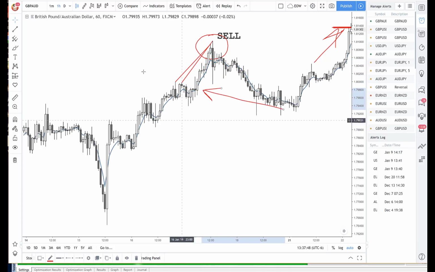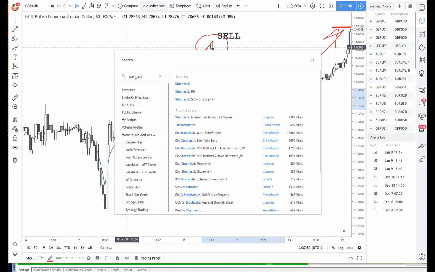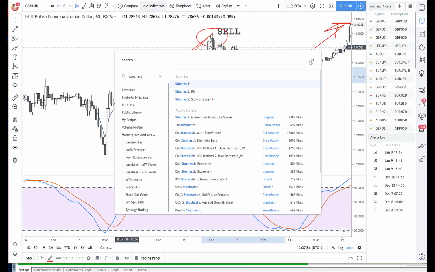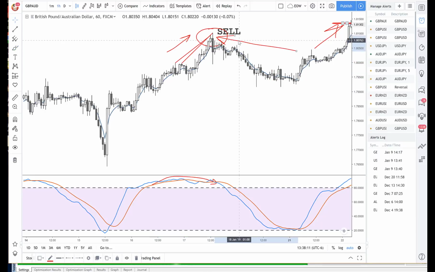That's where price is rising, but an indicator like, let's just say the stochastic, is falling. So price here is moving up, but the stochastic oscillator is rolling over and falling ever so slightly. That's divergence. What the robot will do at that point is take a sell trade.